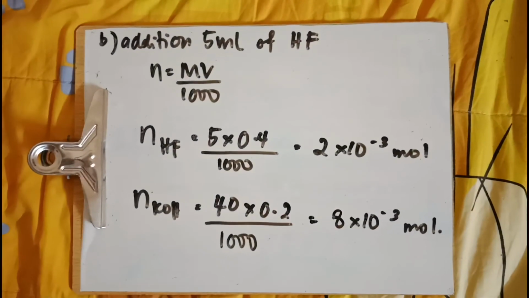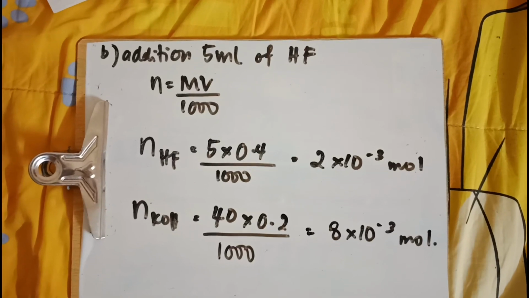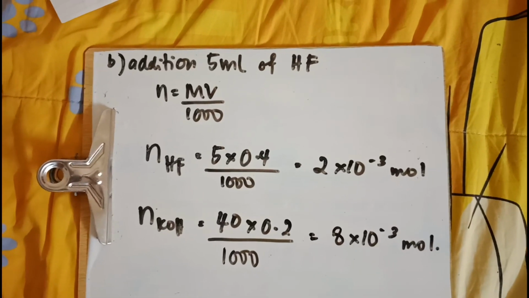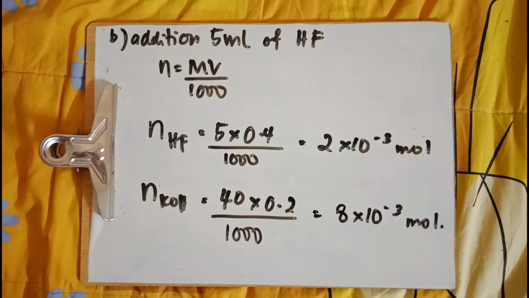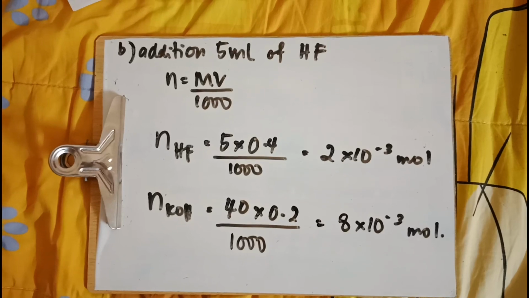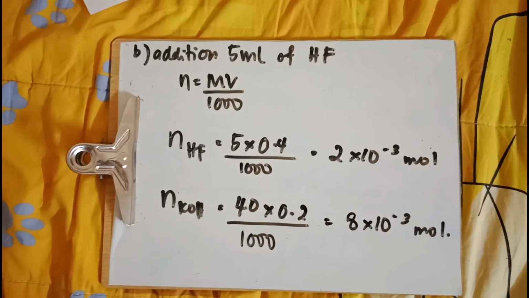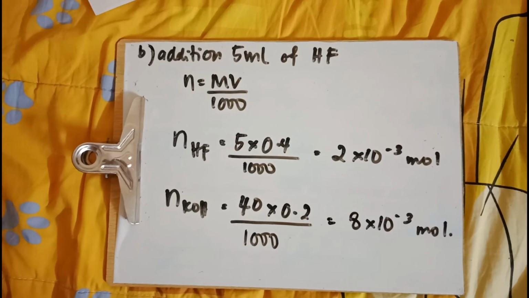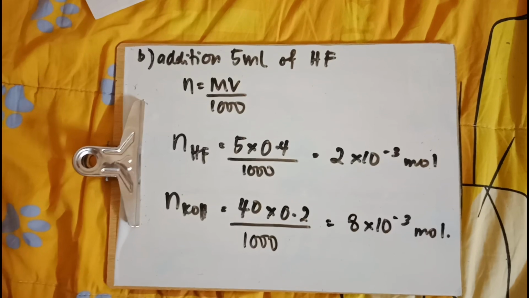The next question is the addition of 5 mL of HF into 40 mL of KOH in the beaker. In this question, the volume becomes additive. When the volume becomes additive, we have to work using moles. First we have to find the moles of HF and KOH by using the formula n equals MV over 1000.